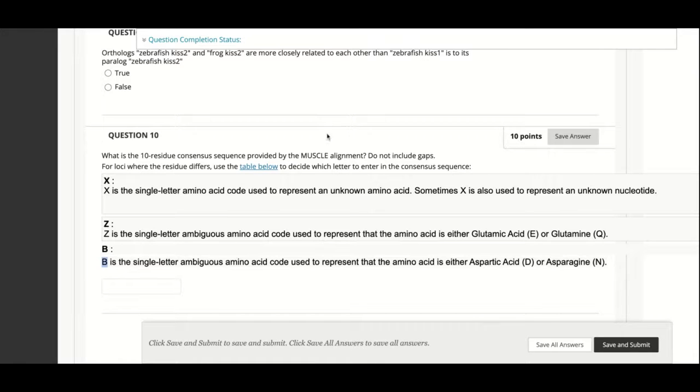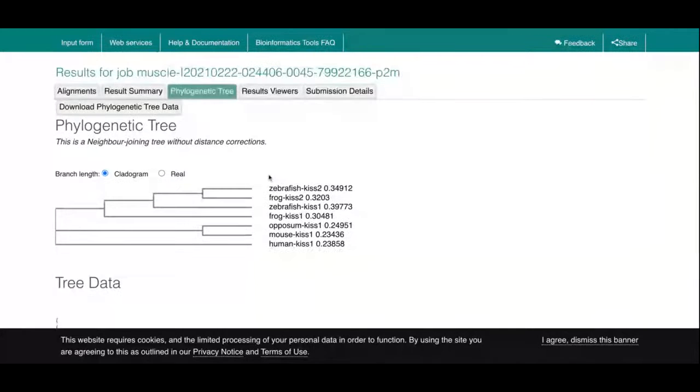Let me pull up the MUSCLE alignment, because that's what I asked you to focus on. Right now I'm looking at the phylogenetic tree, but we are going to look at the alignment.